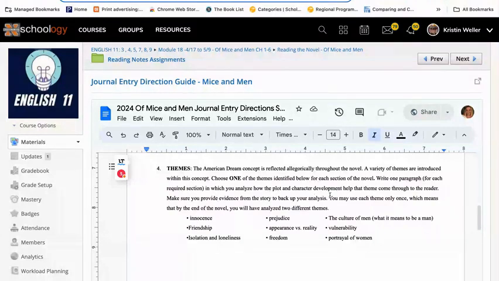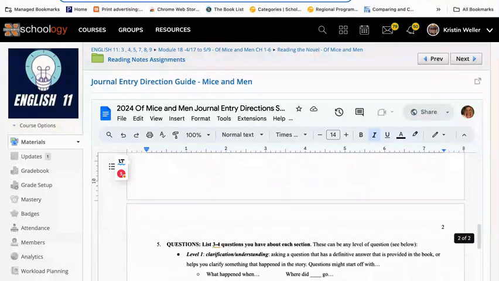That means you're either going to quote or paraphrase someone or something from the story. When you do that, please put the page number in parentheses behind the sentence that contains your evidence. Okay? So a paragraph should be somewhere between 5 and 8 sentences long.